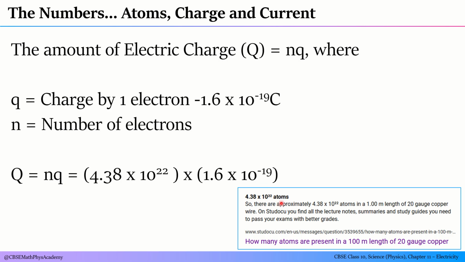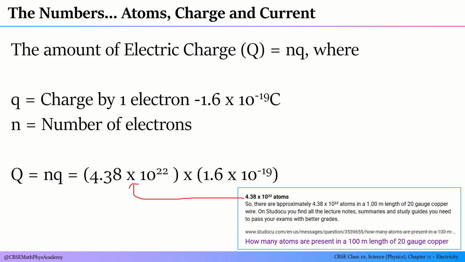So if every atom has one free electron, that 1 meter copper wire is likely to have a charge of N q, that is, number of electrons into charge per electron. I am assuming here that one atom has one electron, which is 4.38 into 10 power 22. This is exactly what I have put here. This is just a calculation to bring a perspective.